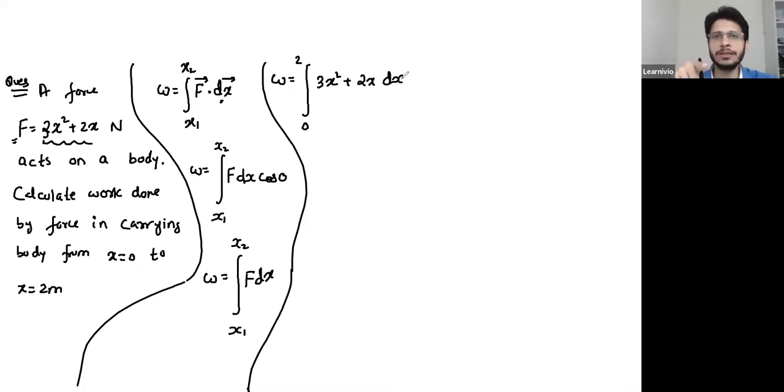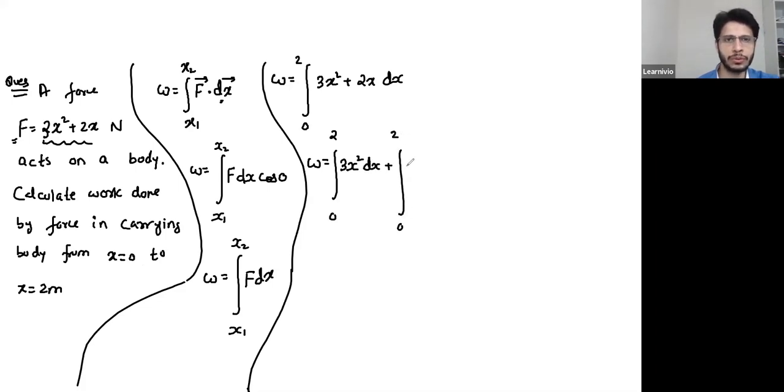You can divide this integral into two parts. The work done would be the integral from 0 to 2 of 3x squared dx plus the integral from 0 to 2 of 2x dx.